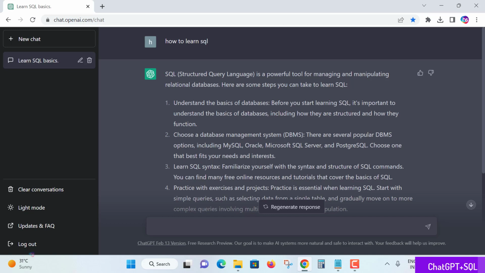So choose your interest and learn SQL syntax. Familiarize yourself with the structure of SQL, writing SQL syntax, statements and commands: DDL commands, DML commands, that is, Data Definition Language and Data Manipulation Language. There are only a few commands. This is not a big, tricky job. It's easy, and online resources and tutorials are available nowadays to learn easily.